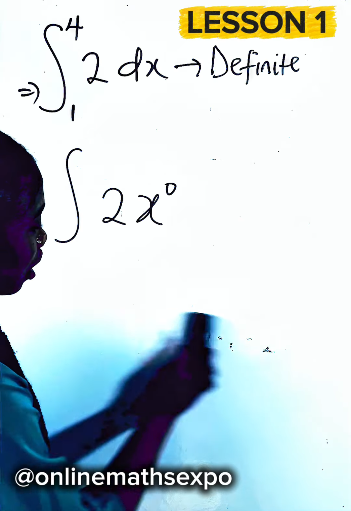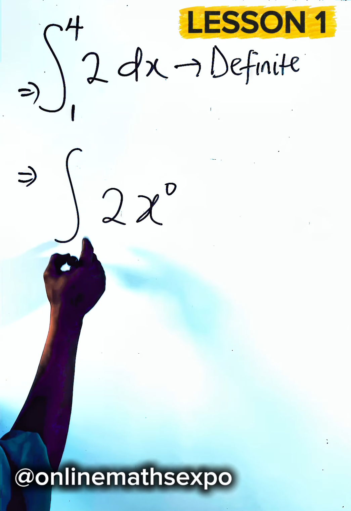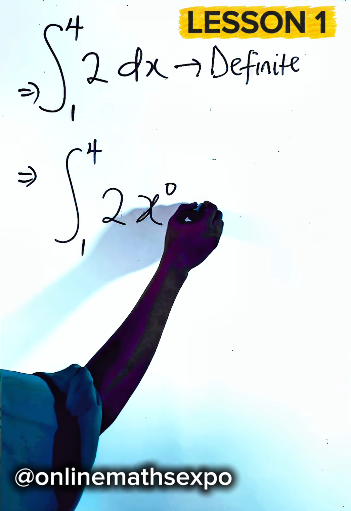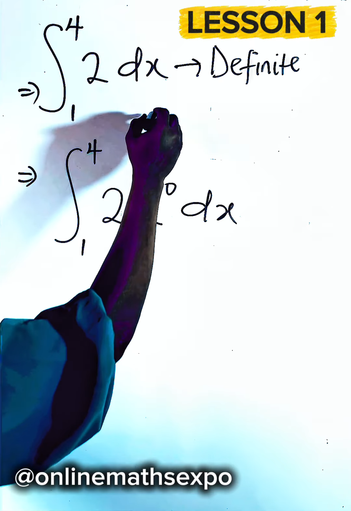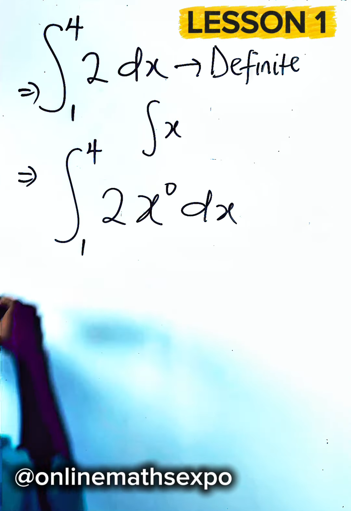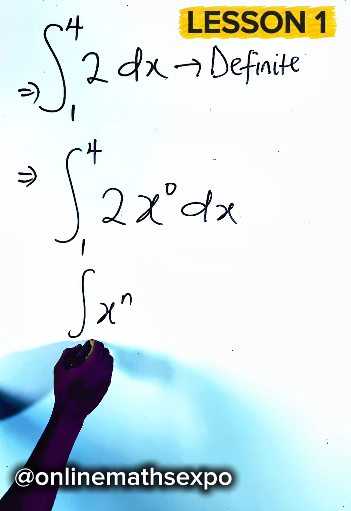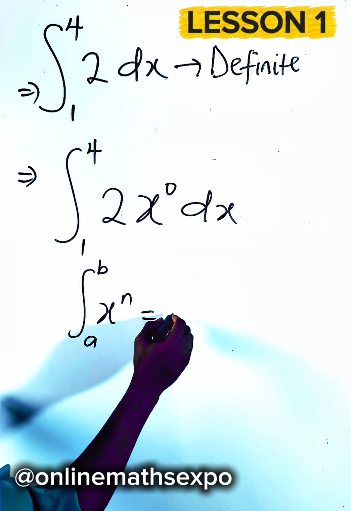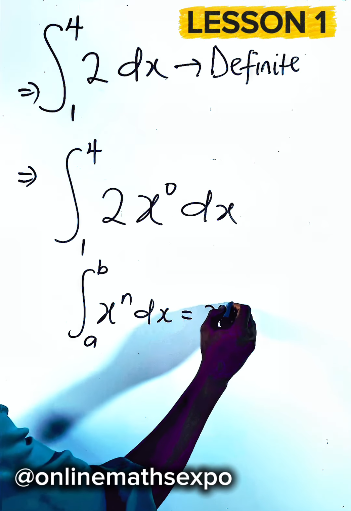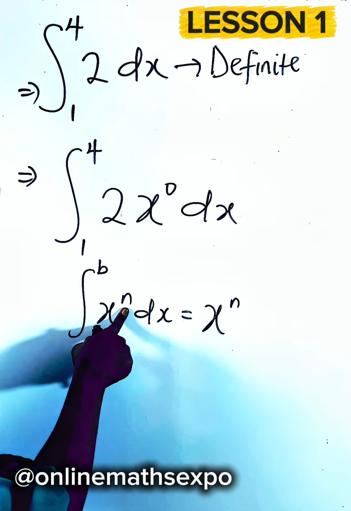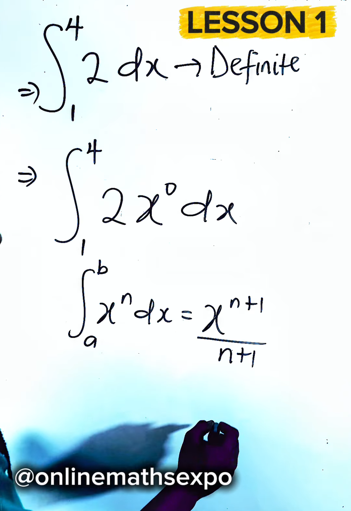So to work on this, we are integrating this function from 1 to 4, with respect to x. So what do you do? Remember that each time you are integrating x to the power of n from a to b with respect to x, it is equal to x to the power of n, increase the power by 1, then divide by the new power, which is n plus 1.